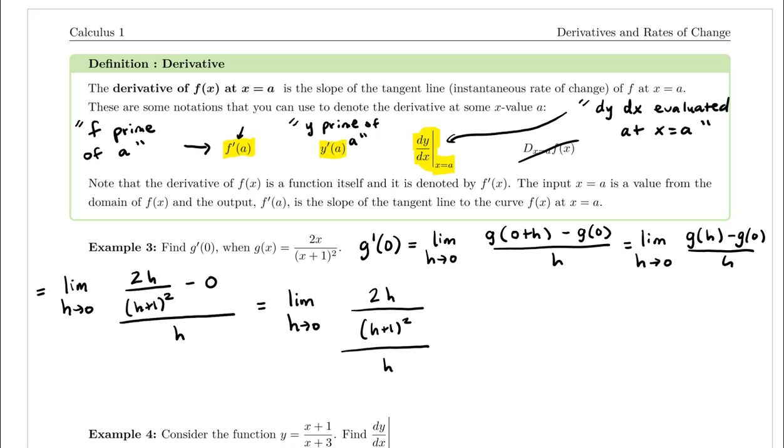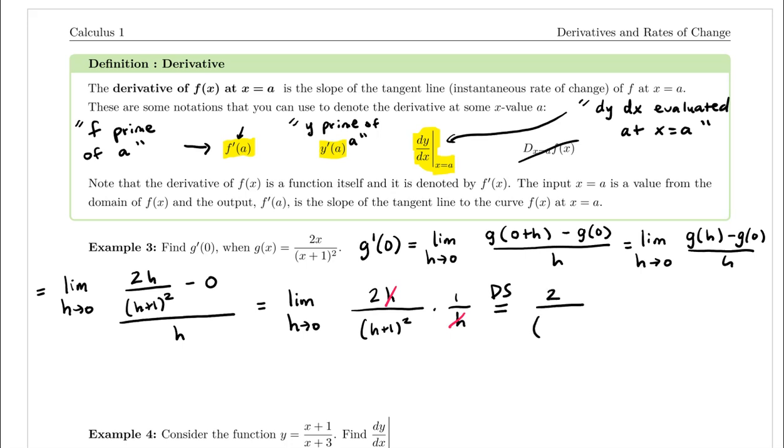Now this thing is a complex fraction, and h is the same thing as h over 1. What I'm going to do now is simplify this complex fraction by multiplying by the reciprocal. And notice that I have an h in the numerator and an h in the denominator. And when I simplify that, that leads me to being able to use direct substitution. In the numerator, I would have 2 times 1, which is just 2.